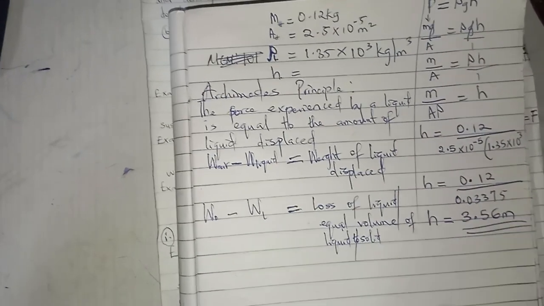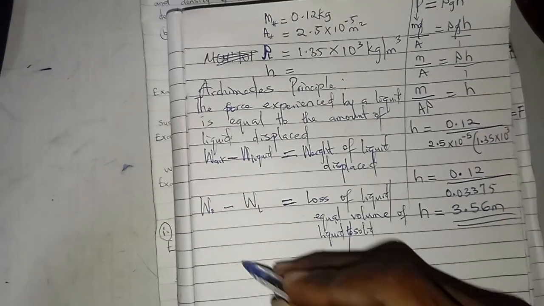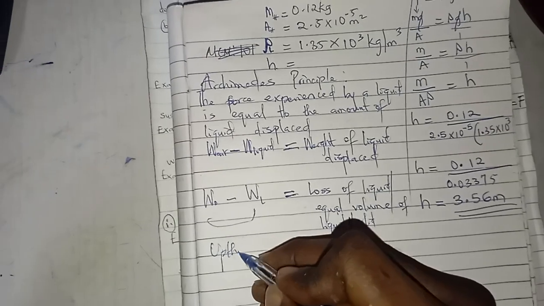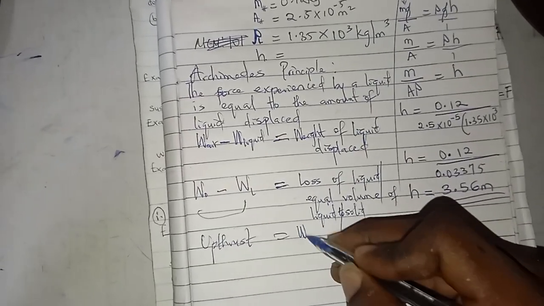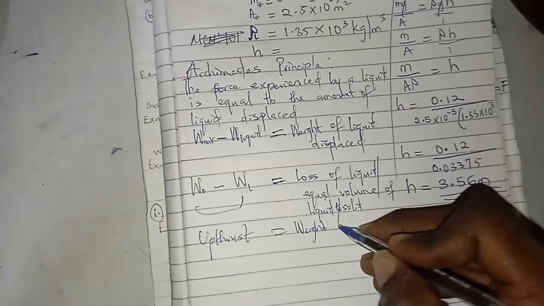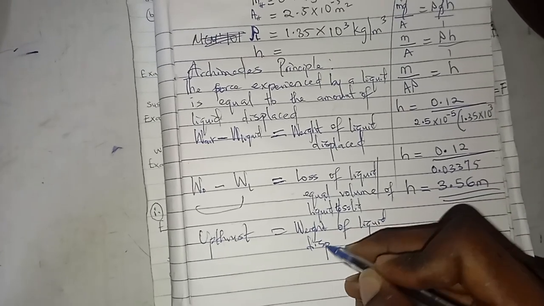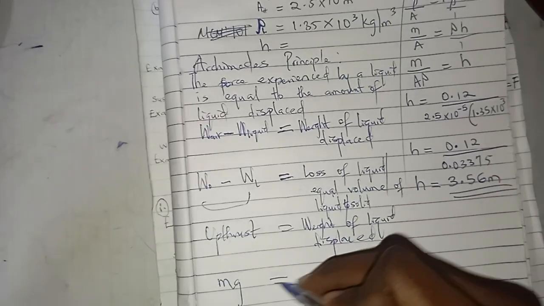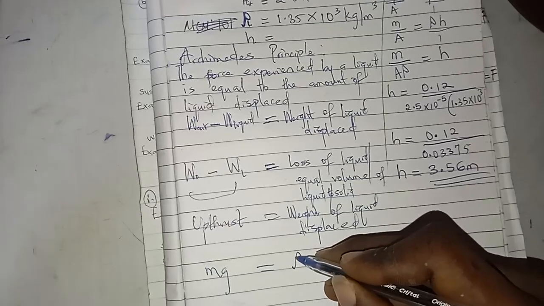Let's do it this way, to solid. So whichever one you want to put it as. So another way to look at this, everything here is what you call upthrust, equals weight of liquid displaced. And you need to know that this is also the same thing as mg, which can be the same thing as rho gV.